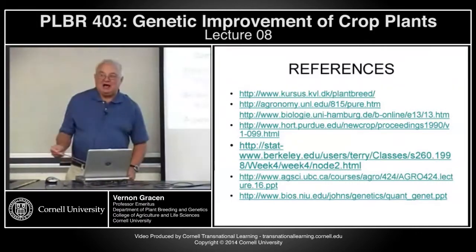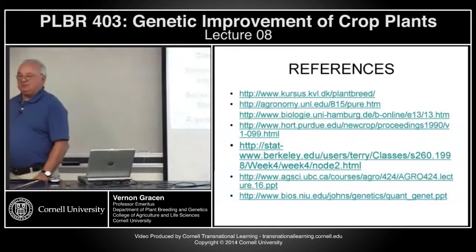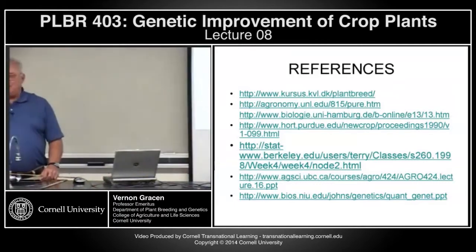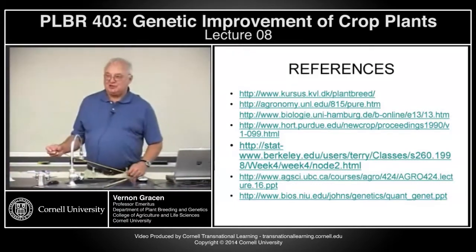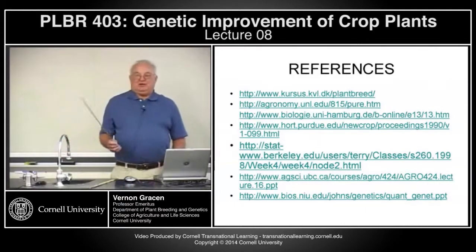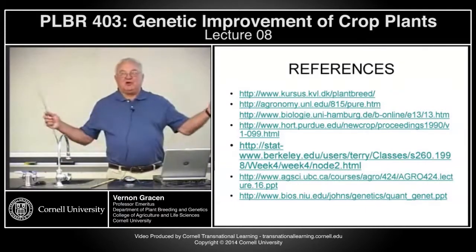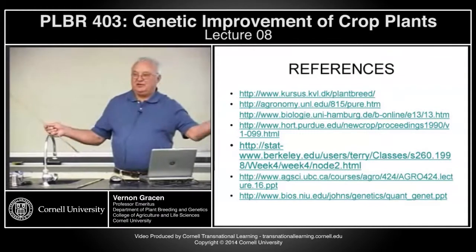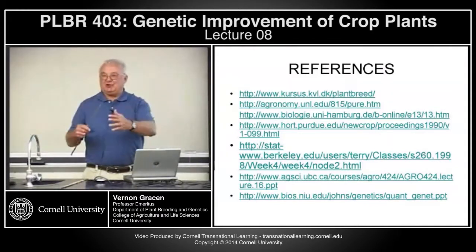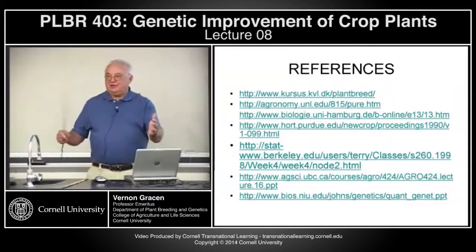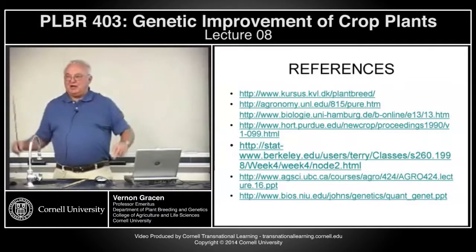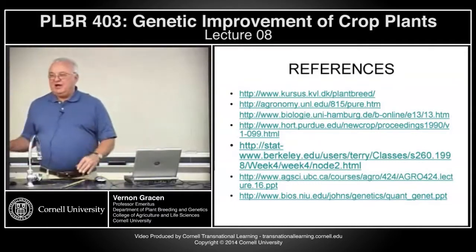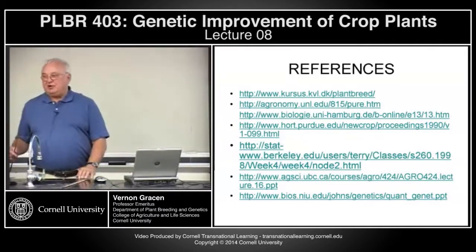Well, yeah, single seed descent would give you problems if you have a crop with inbreeding depression. On Monday we'll talk about breeding cross-pollinated crops, the general principles of cross-pollinated populations and developing open-pollinated varieties. Then Wednesday we'll talk about inbreeding depression.